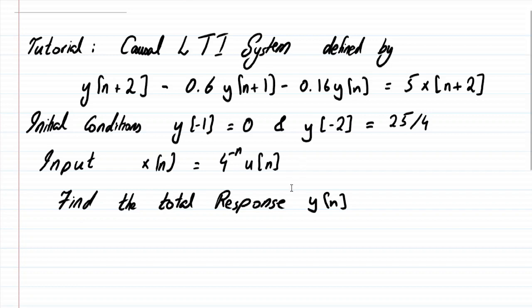Presently this expression is an implicit expression, but the total response would be in terms of an explicit expression that would not account for any present or past values of output.